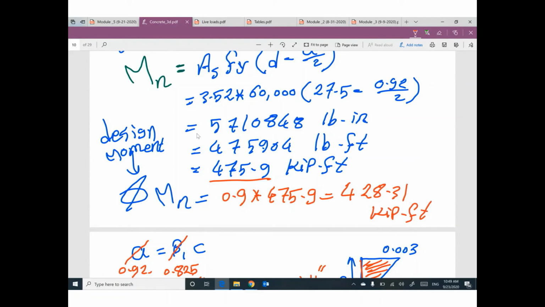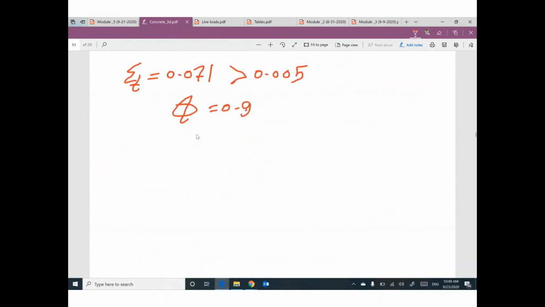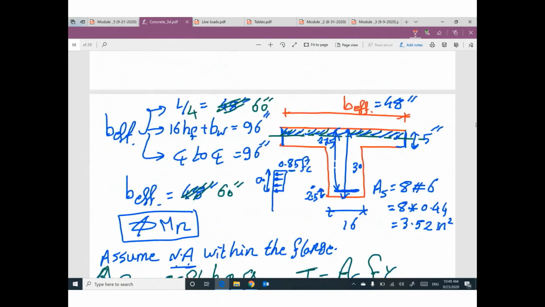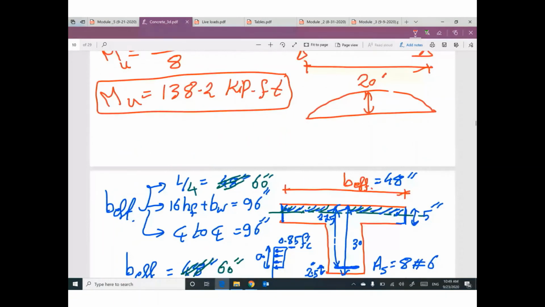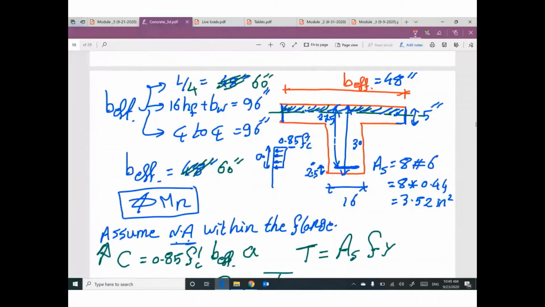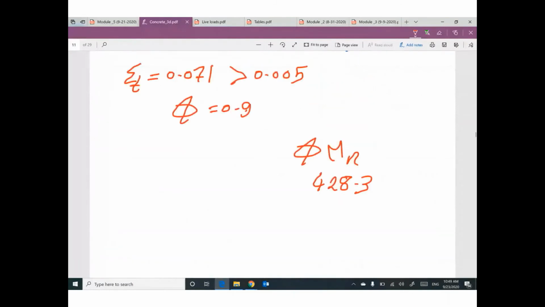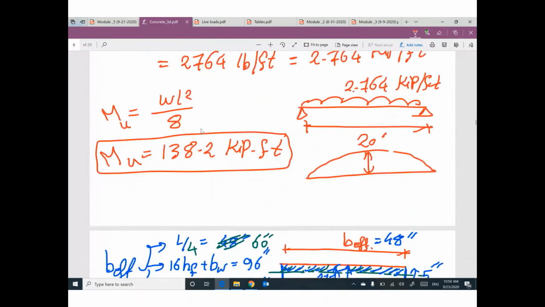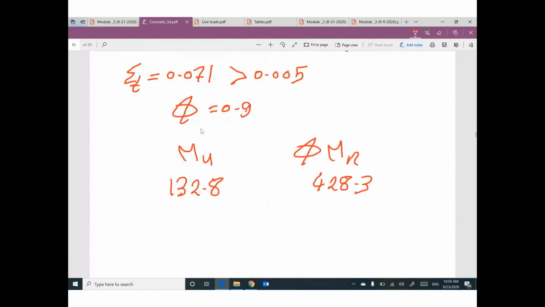So guys, your design moment equals 428.3, and your ultimate moment from the structure analysis is 138.2.